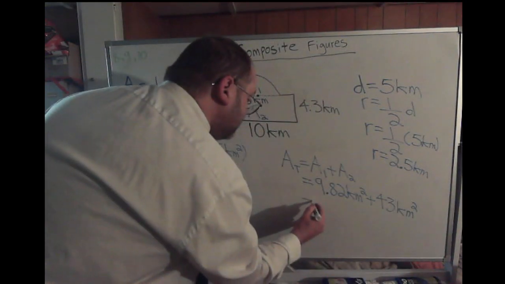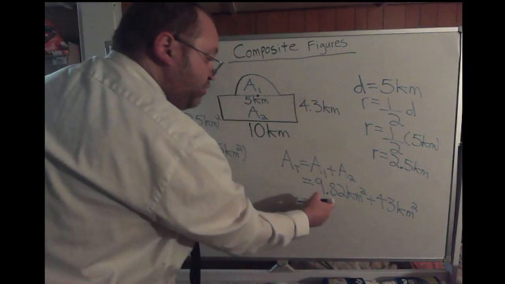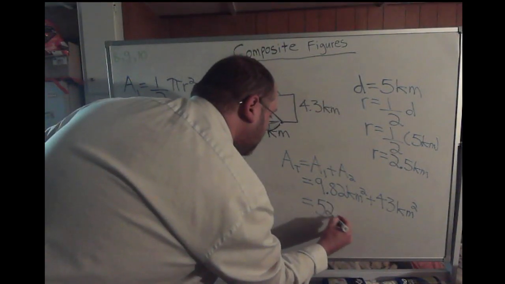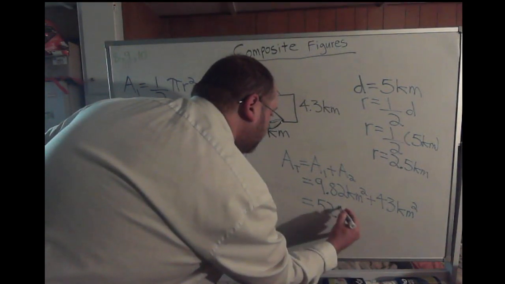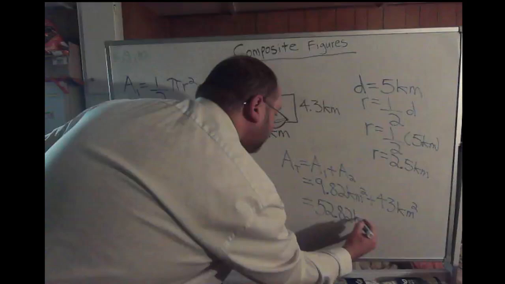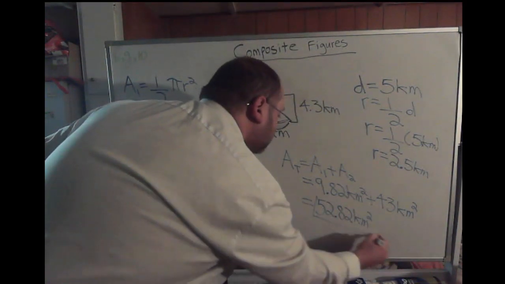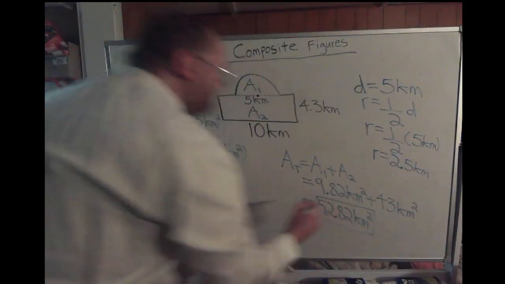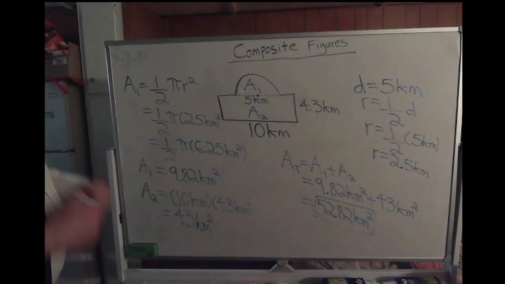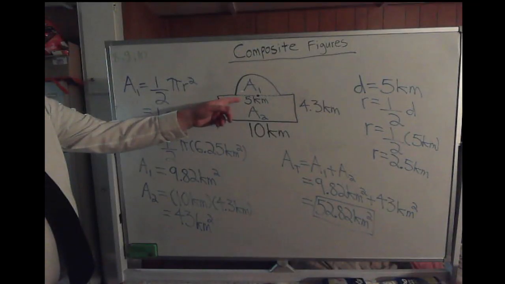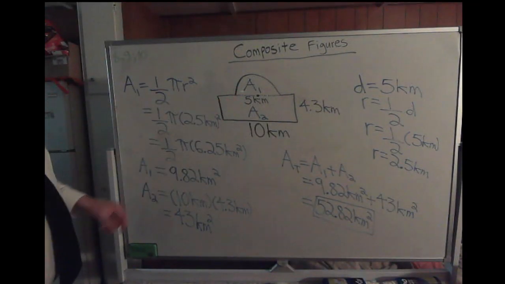If we add these together, 9.82 plus 43, we get 52.82 square kilometers for your total area of this abomination of a figure.